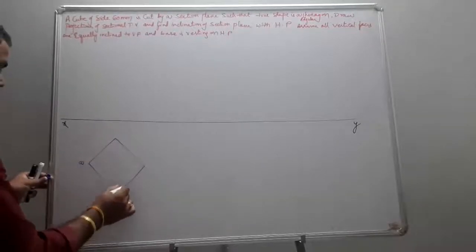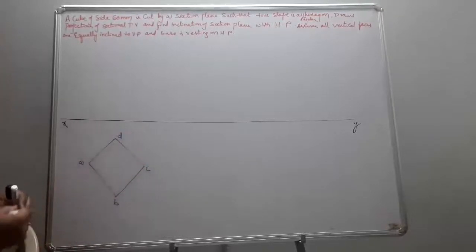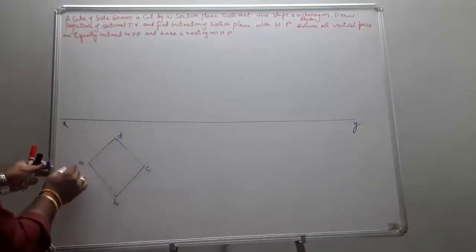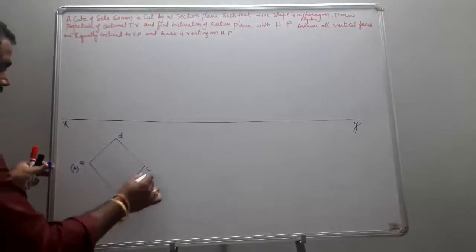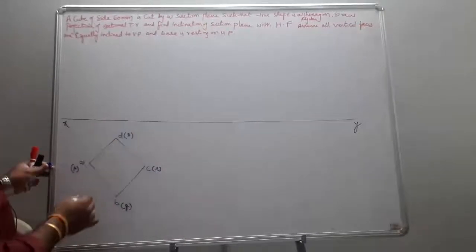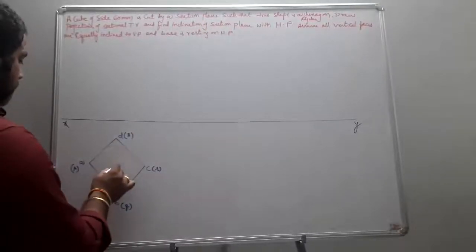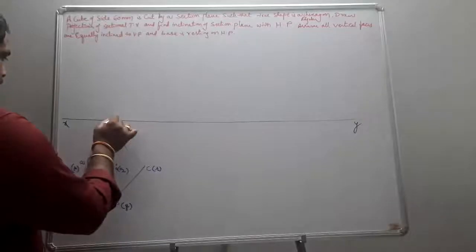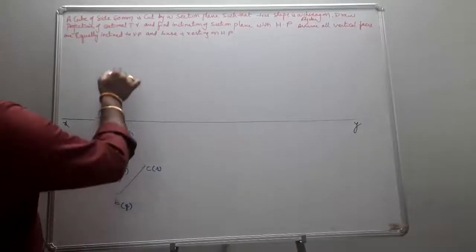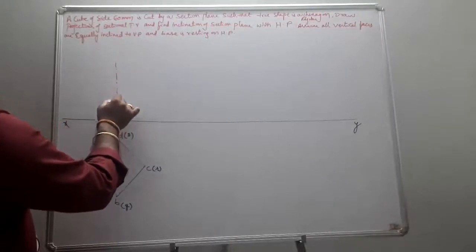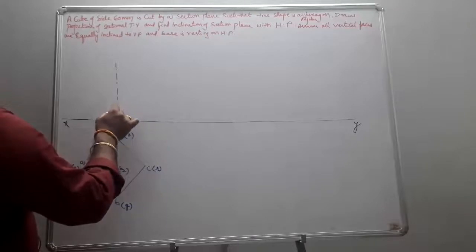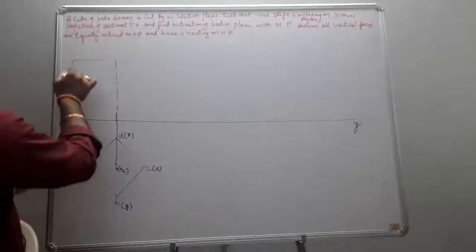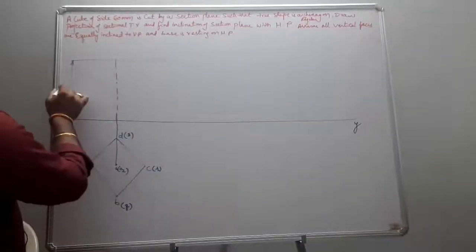This is A, B, C, D, and in brackets P, Q, R, S, with centers O1 and O2. The height of the solid is the same as the side, which is 60.